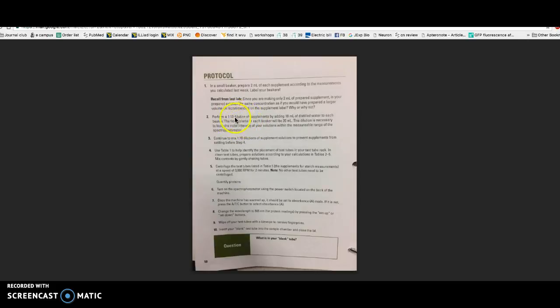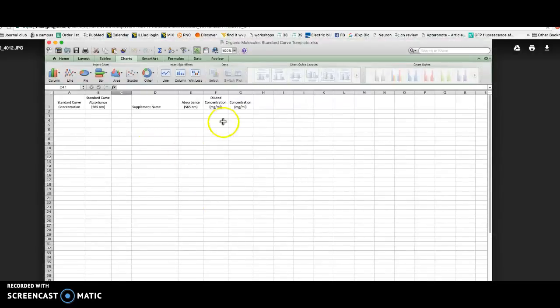You plug those absorbance values into your line equation and get the diluted concentration. So you have to find the actual concentration from the diluted concentration. Simple, right?